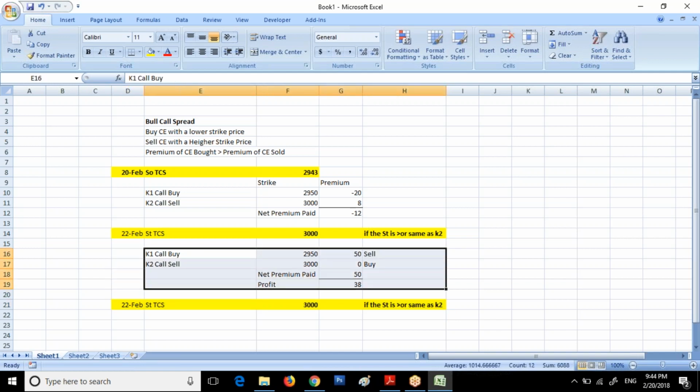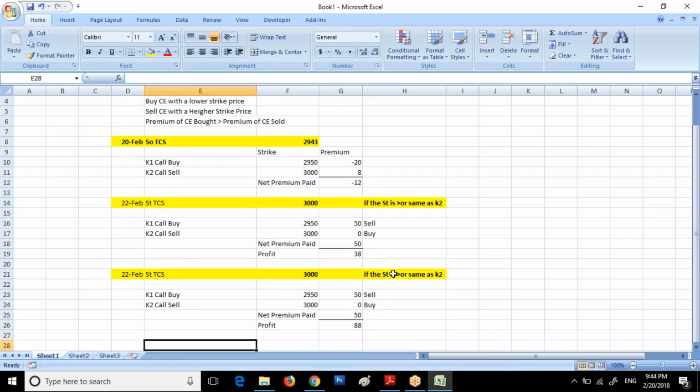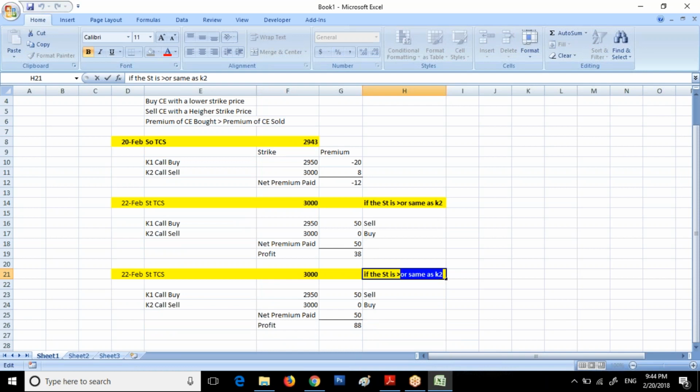However, if we take it another way, let's suppose ST is greater than K1 and less than K2.